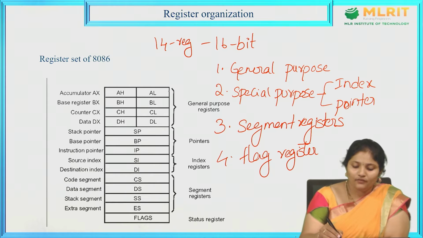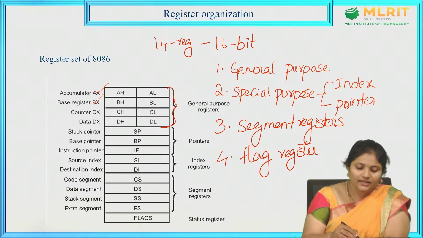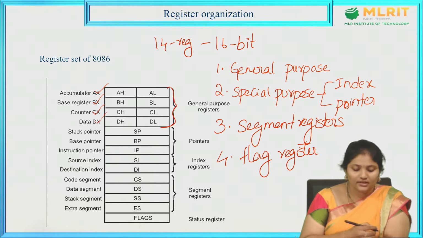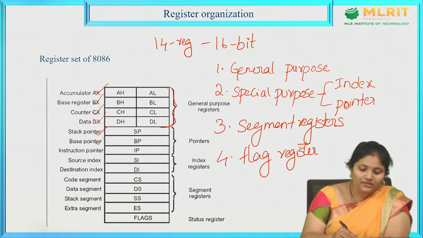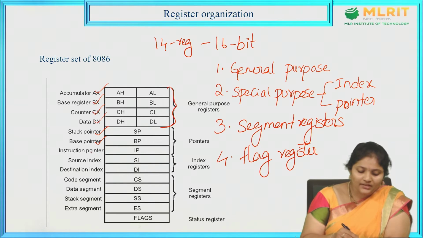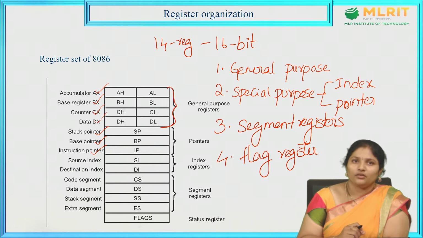Here these four registers which we are seeing, AX, BX, CX and DX, are the general purpose registers, and SP and BP, the stack pointer and base pointer, are the pointer registers. IP is the instruction pointer register, which is used to hold the offset for the code segment.